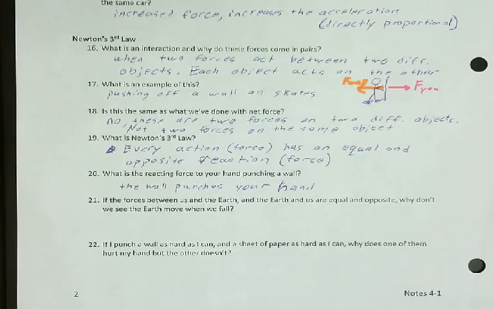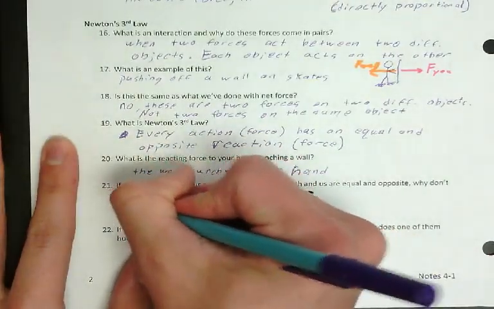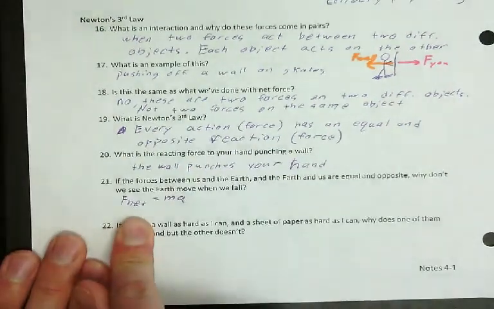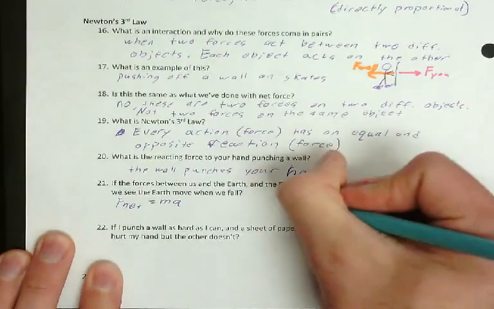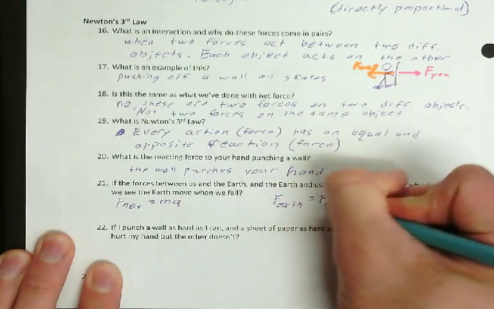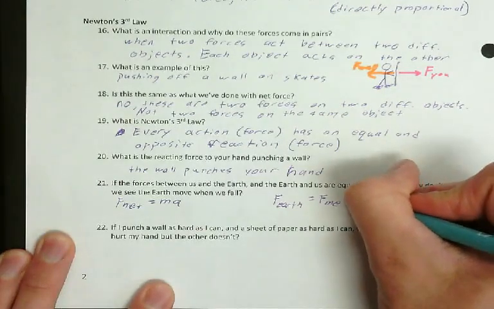So why didn't you see it? Because the Earth has such a greater mass. Yes. Newton's second law. F net equals ma. The force that I put on the Earth and the force that the Earth puts on me are the same. But they both equal ma.